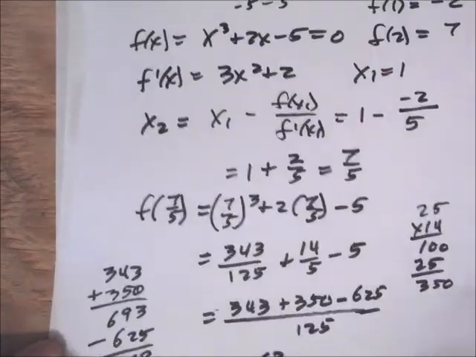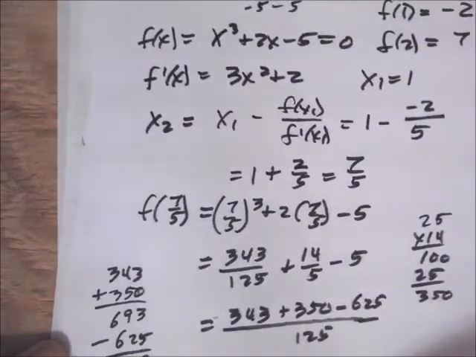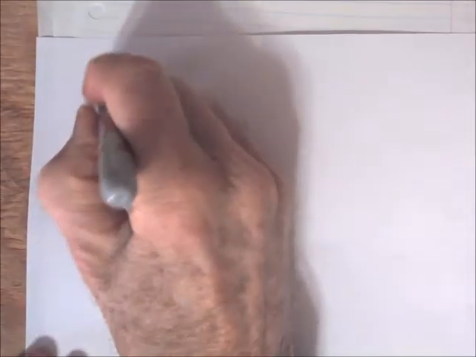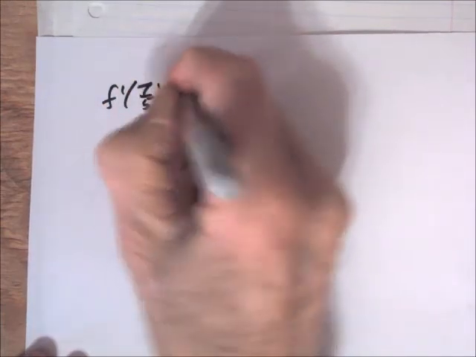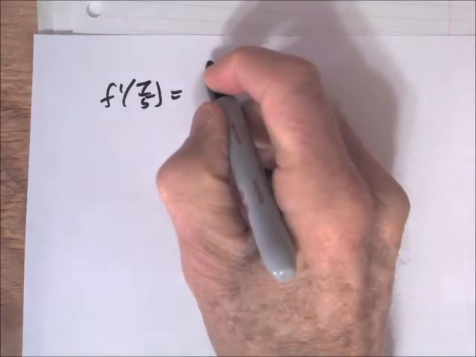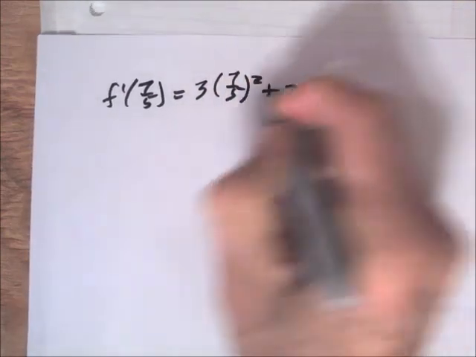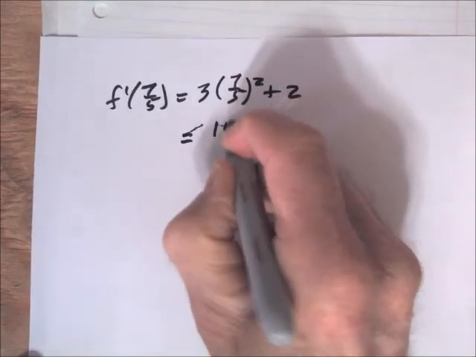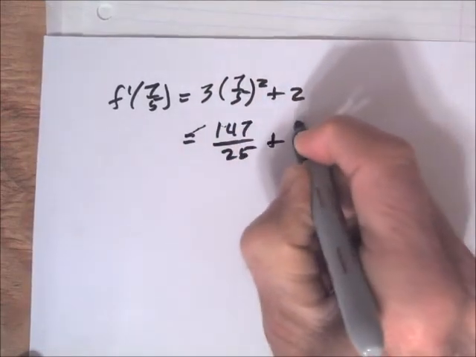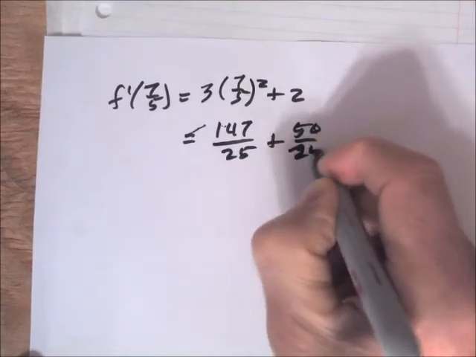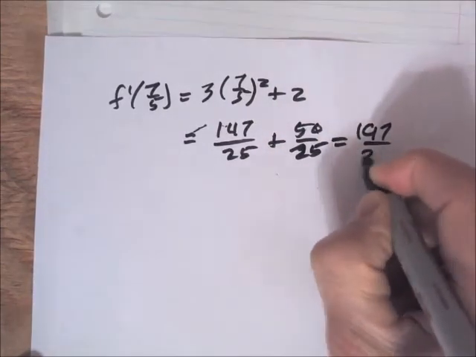Okay, so then we could do f prime of 7/5. That is going to be 3 times 7/5 squared plus 2, which is 147 over 25 plus 50 over 25, which is 197 over 25.